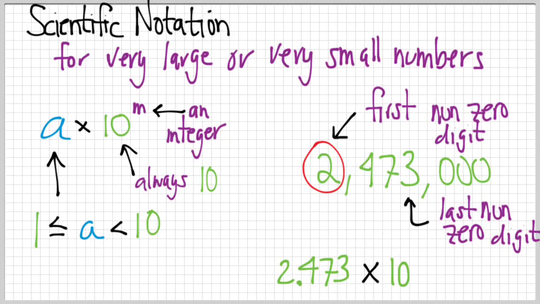So we just count how many places it moved. It starts 1, 2, 3, 4, 5, 6. And that's the number we put here as our exponent. And that's all there is to it. This is now the number in scientific notation. Those two things, of course, are equal.